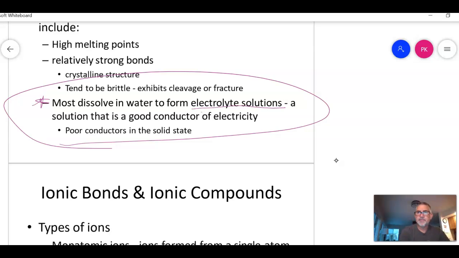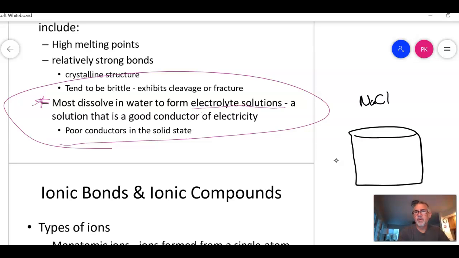And the reason is, if I have sodium chloride, and I'll put an S for solid here, the charge on it is 0. But if I drop it in a beaker of water, it'll dissolve into its ions. They will be no longer attached, so now I have charge.